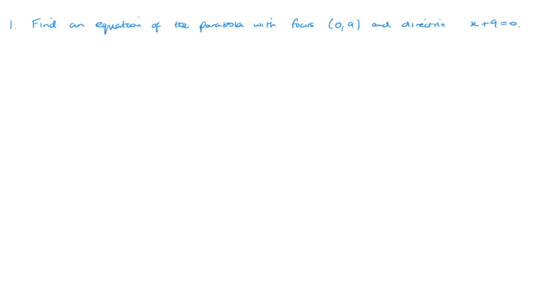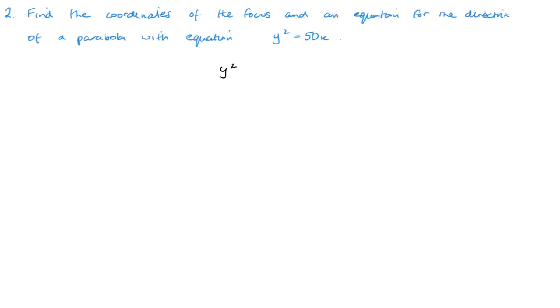Okay, answer to this is quite simple. a equals 9 and y squared equals 4ax. So y squared equals 4 times 9 times x, which is 36x. For the next one, y squared equals 50x, and y squared equals 4ax.